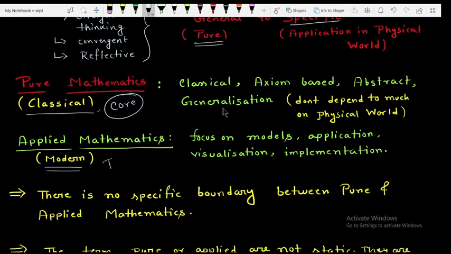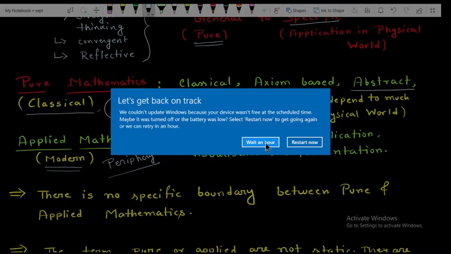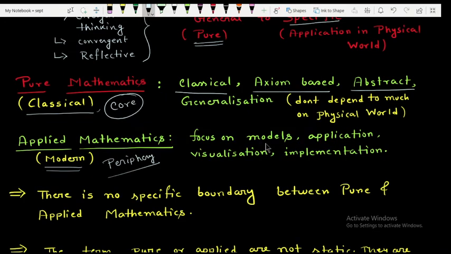It is sometimes referred to as the periphery of mathematics. Now students, pure mathematics deals with the classical concepts, and it is generally axiom based, and it deals with abstract concepts rather than models and charts.